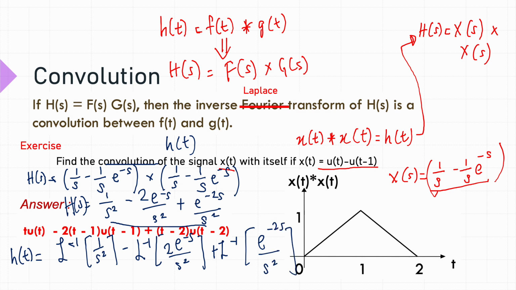From this inverse you will obtain t u(t), which refers to the first term, and the second will be negative 2(t minus 1) u(t minus 1), and plus (t minus 2) u(t minus 2).